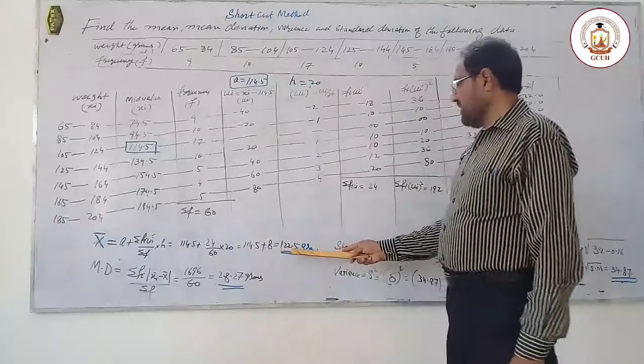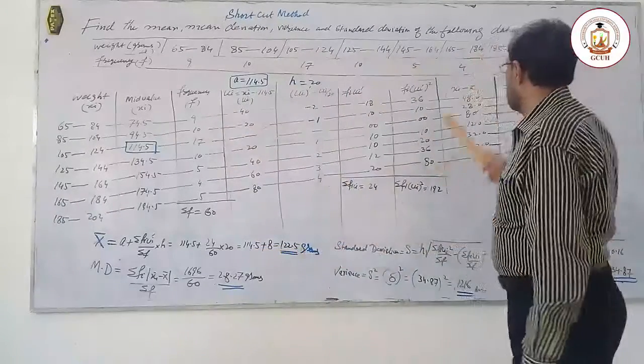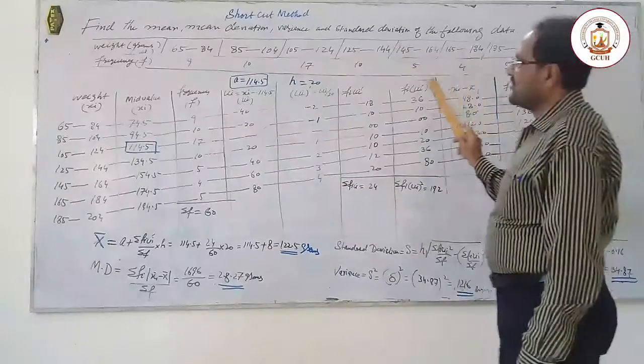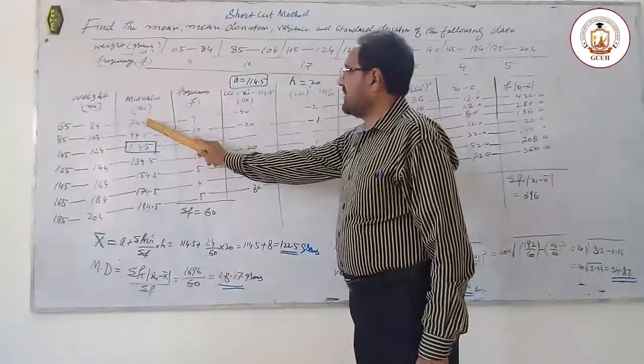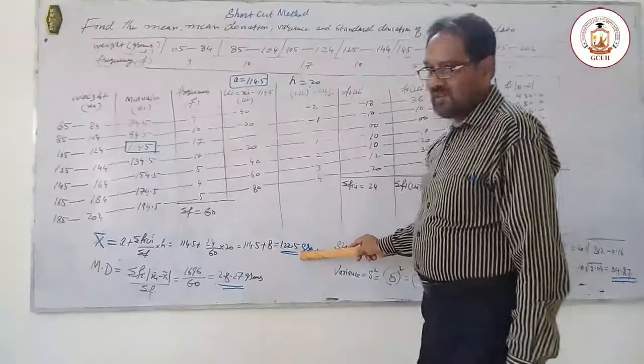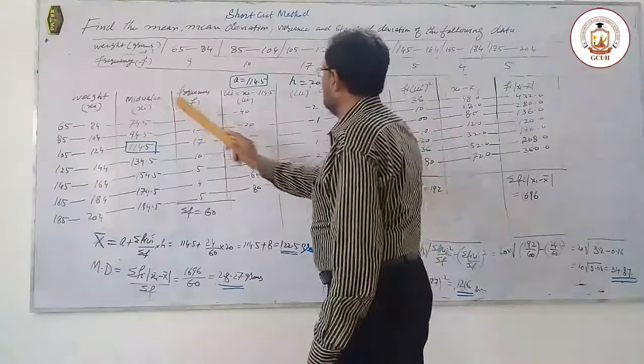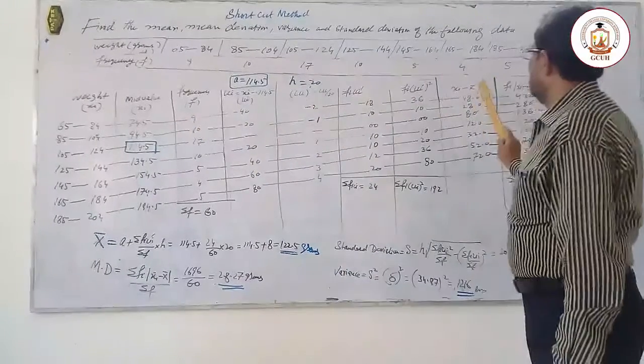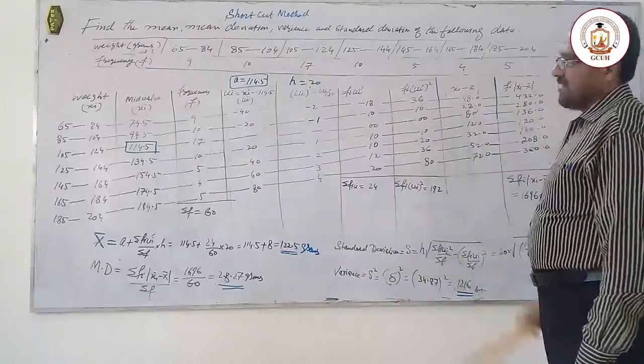The value of X bar is 122.5. So when we subtract 122.5 from XR, we will get the value -48.